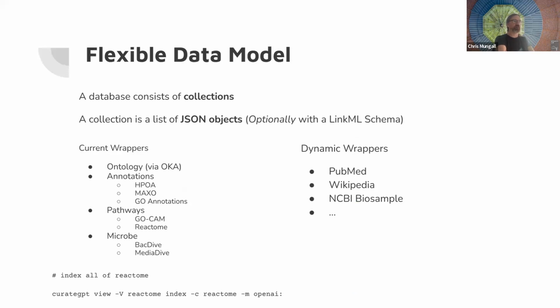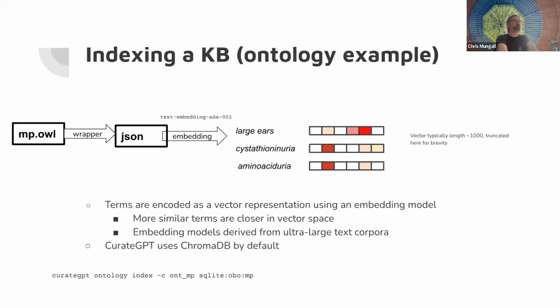But if you just want to be lazy and just load ad hoc JSON objects, you can do that too. And so there's a number of existing wrappers for existing data sources. And then there's something called dynamic wrappers as well, that basically allow you to load some things on the fly, like PubMed.